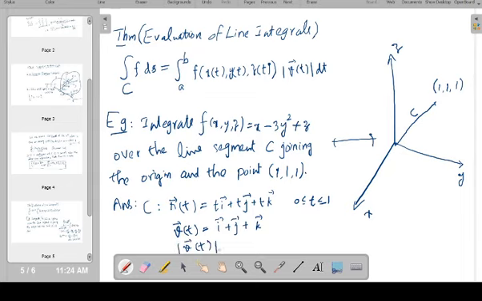Modulus of v of t is square root of 1 square plus 1 square plus 1 square, equal to root 3.